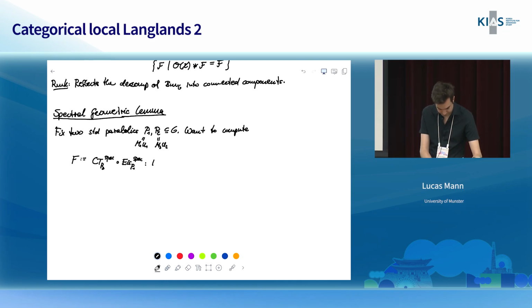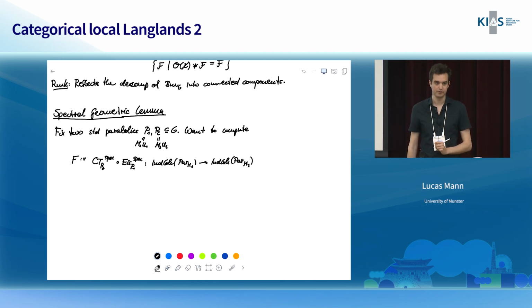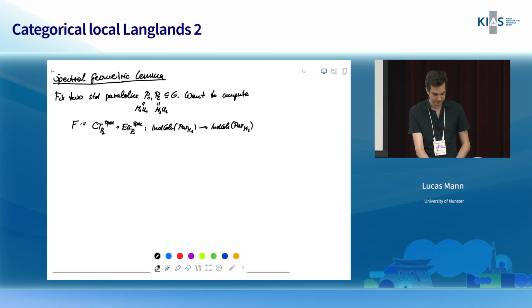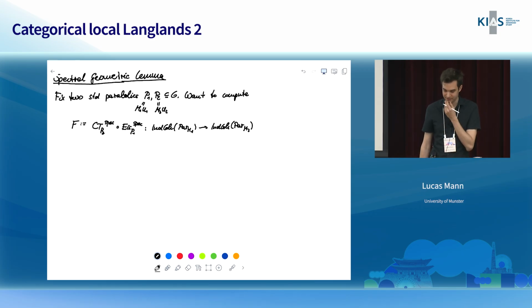So this will now be a functor from IndCoh Par M1 to IndCoh Par M2. Okay, and you will see in the next talk why it's very important to compute this. So for now, I hope you have some intrinsic interest maybe in trying to understand how the representation version adapts to this.